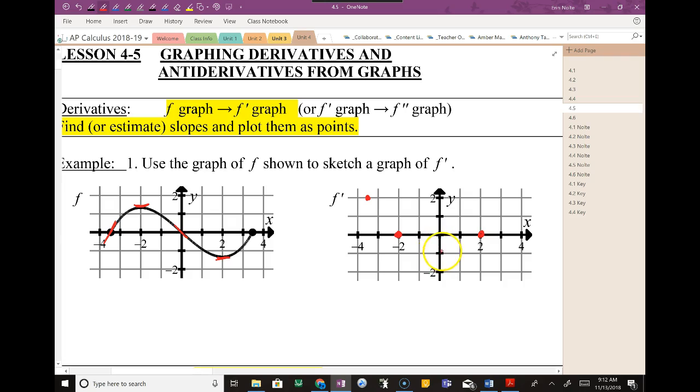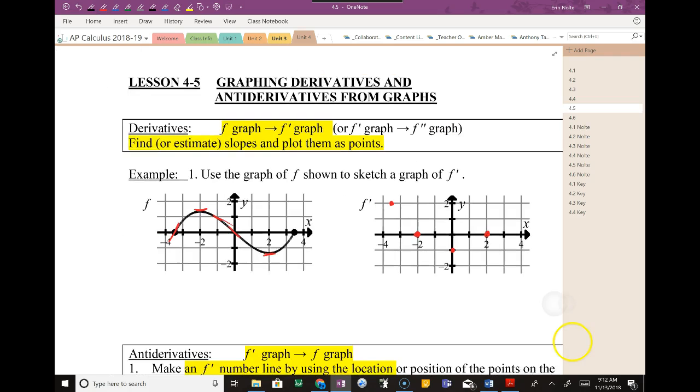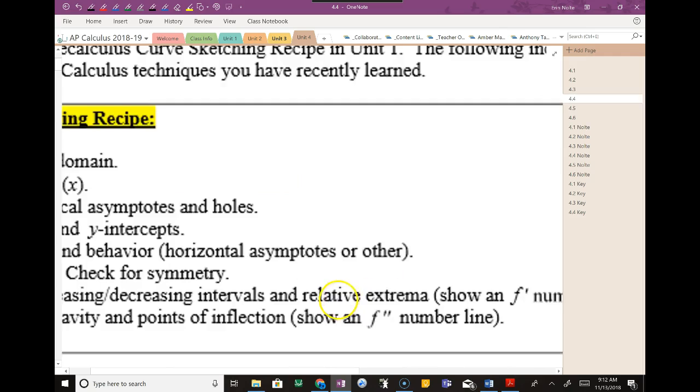Right when it crosses, when the x value is 0. We could go in more specifically and analyze the slope at negative 1. At negative 1, what would you say that slope is? Maybe negative 1/2-ish?